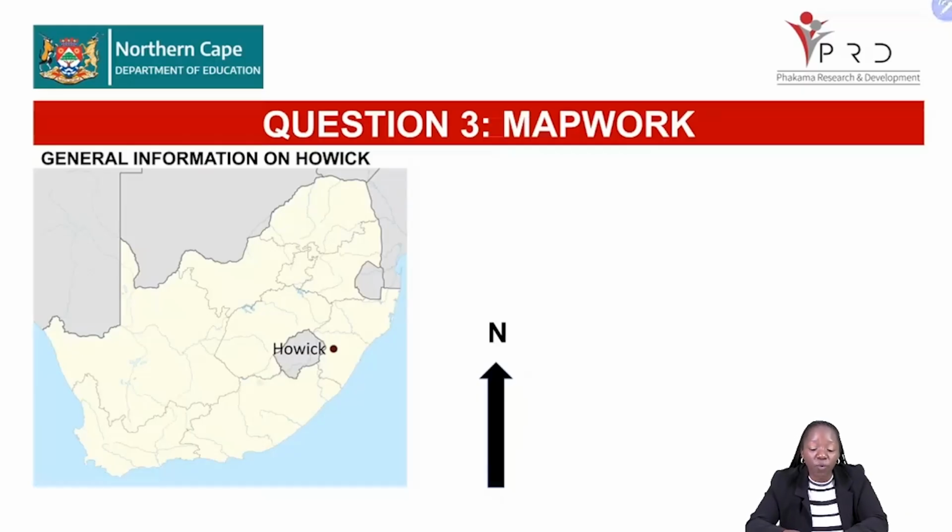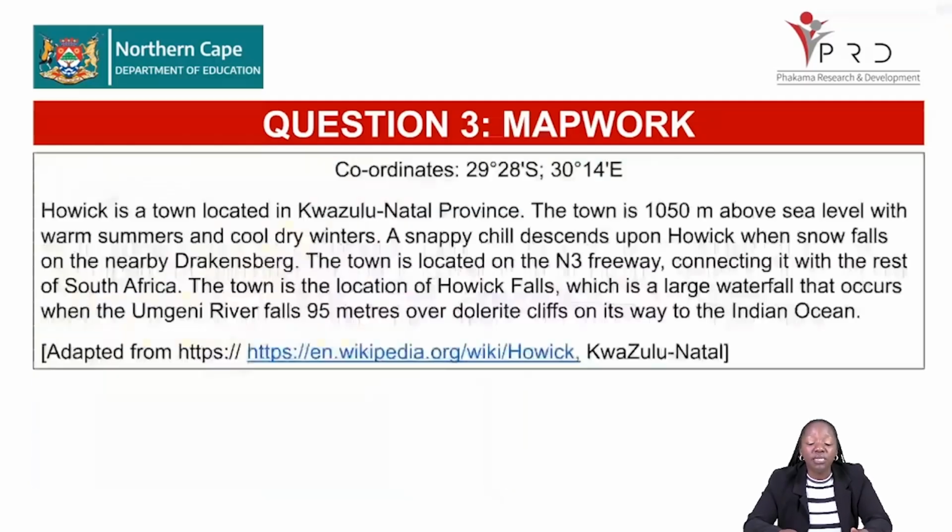So we have Howick there as well as its location. Before you can even see, you will realize which province Howick is located in. Beside the map, you are also given the general information of that area so that you can read what things you can find in that area and what type of area it is.